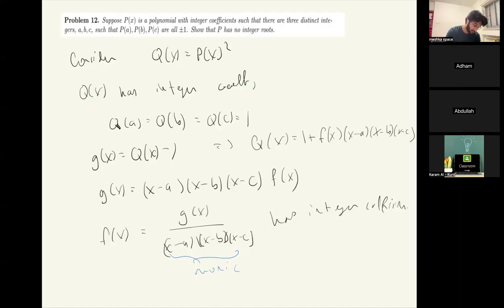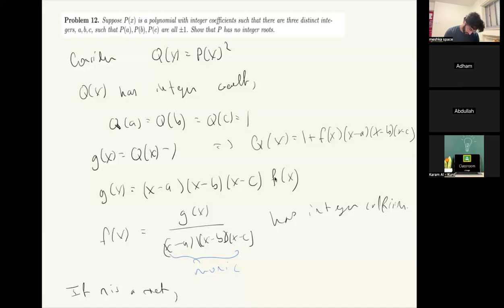Sorry, it has no integer roots. Maybe because the expression f of x times x minus a times x minus b times x minus c will not be equal to minus 1, because a, b and c are distinct. So the absolute value must be either 0 or bigger than 1.